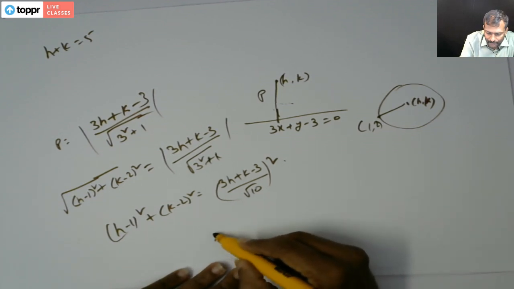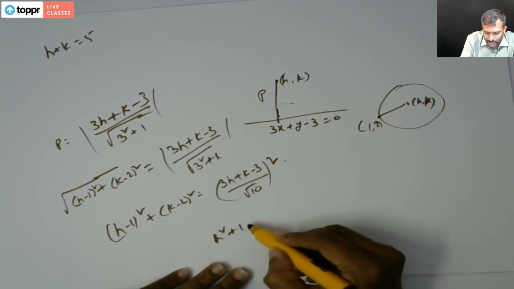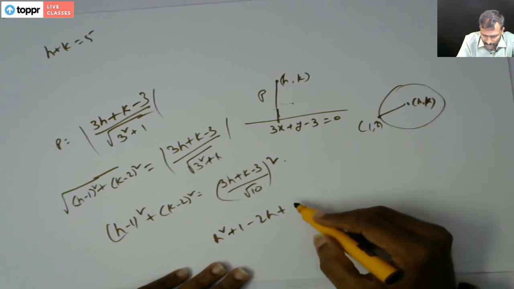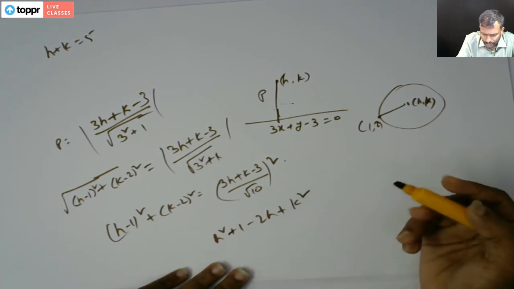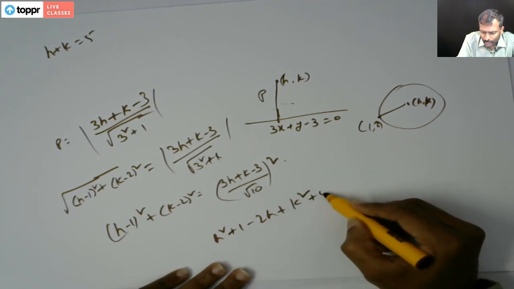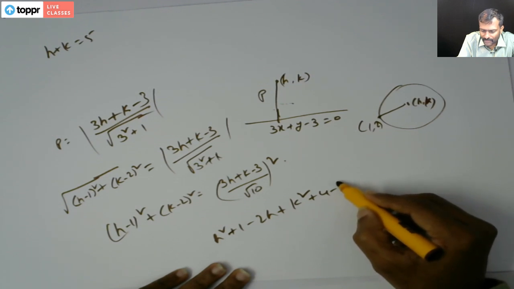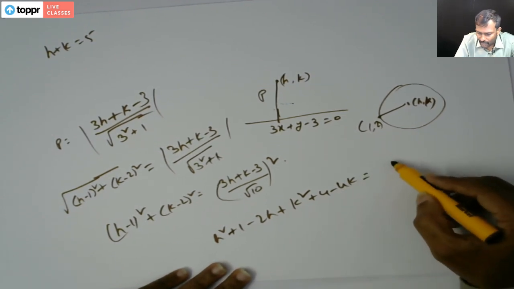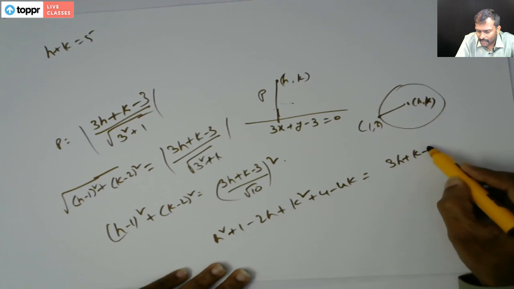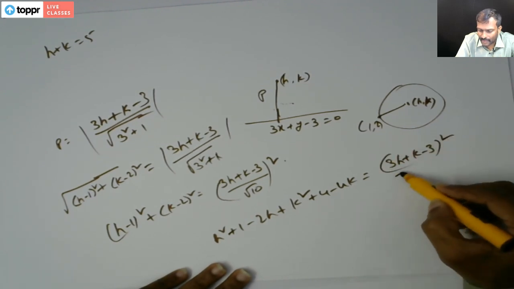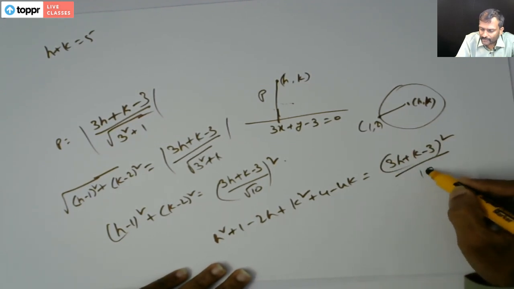Say now h square plus 1 minus 2h plus k square plus 4 minus 4k is equal to 3h plus k minus 3 whole square by 10.